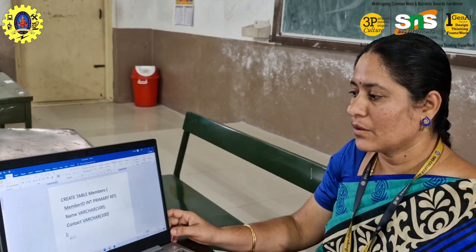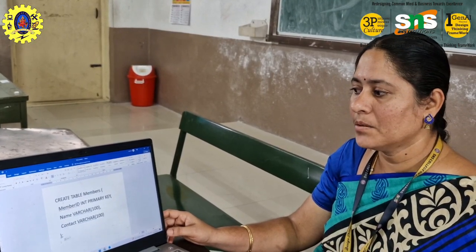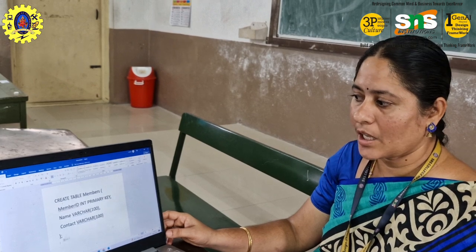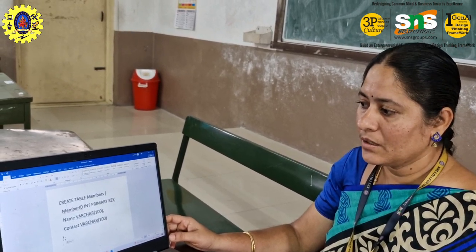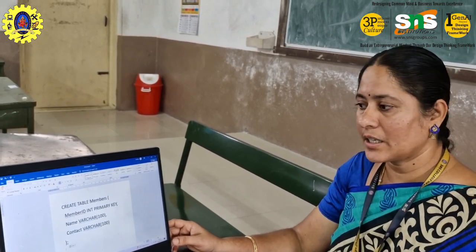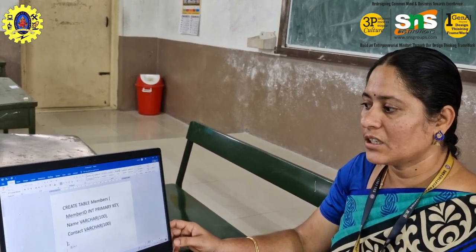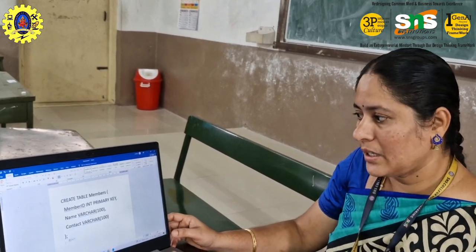Now the members table. Now we will see how to create the members table. Create table members. Here members is the table name. Member ID int primary key. Member ID is the column name, int is the data type. Primary key is a key used to uniquely identify the member ID.